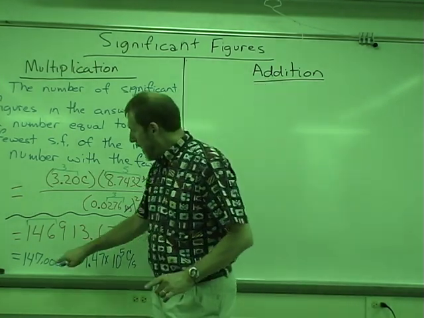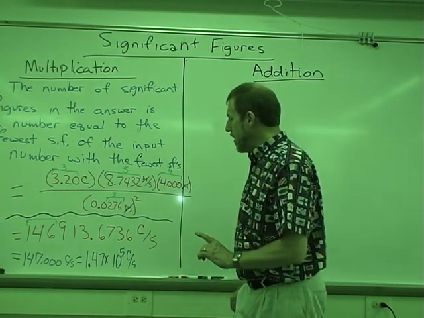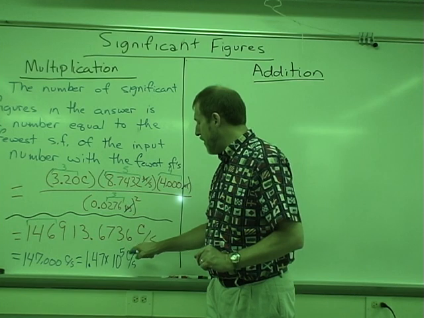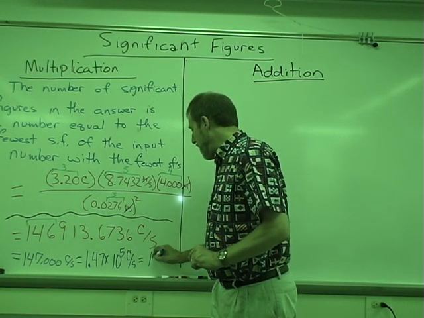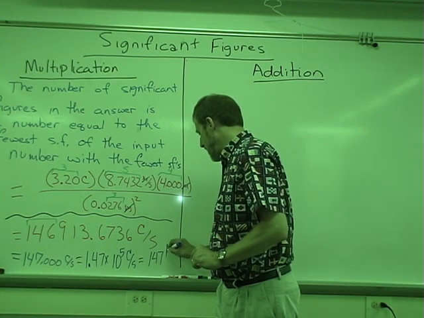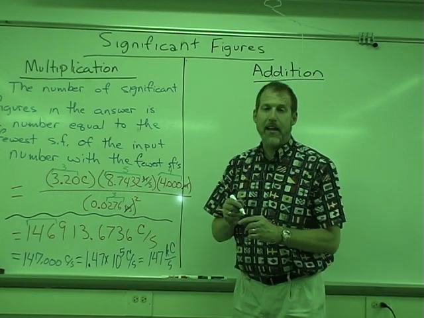The correct answer is 147,000 coulombs per second, which is better written as 1.47 times 10 to the fifth coulombs per second, or 147 kilocoulombs per second.